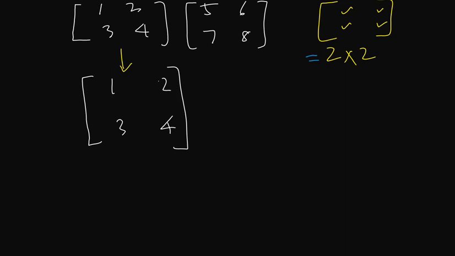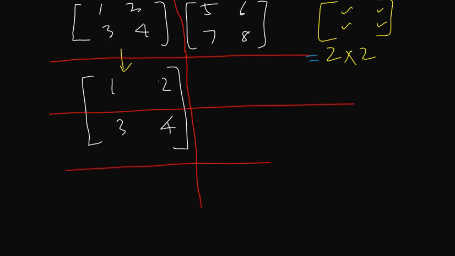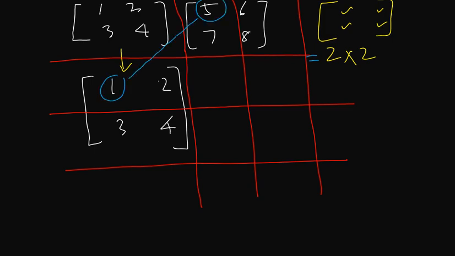Then I make one line here, like a table. So what I do, this number 1, I will multiply with 5. 1 times 5.